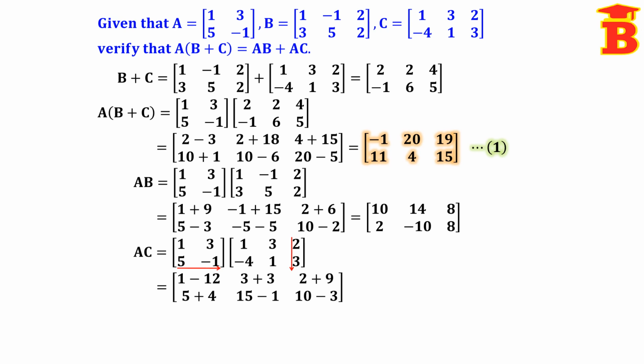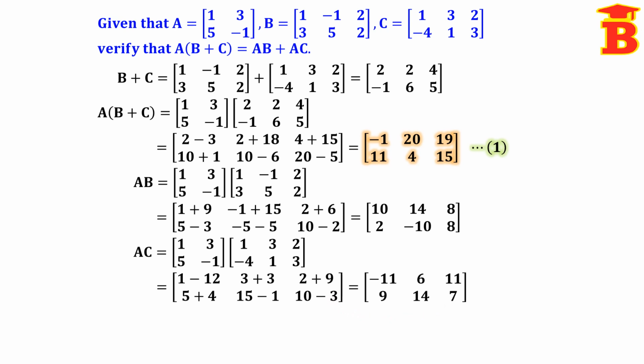Next second row third column, 5 into 2 is 10, minus 1 into 3 is minus 3. And simplify and get the answer. 1 minus 12 is minus 11. 3 plus 3 is 6. 2 plus 9 is 11. 5 plus 4 is 9. 15 minus 1 is 14. 10 minus 3 is 7. So this is AC.